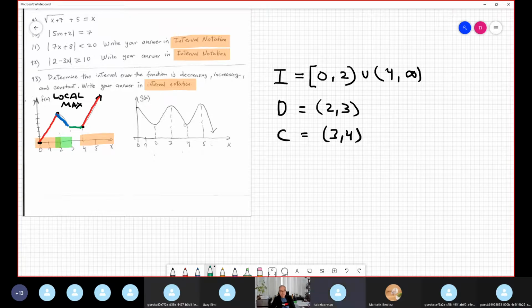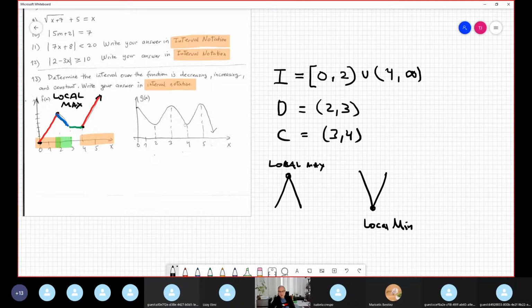Do you only include the point with the brackets if it's the starting point or the ending point, like if it's not to infinity? Not exactly. This peak is obviously a local max, right? Local max. And another like that is a local min.